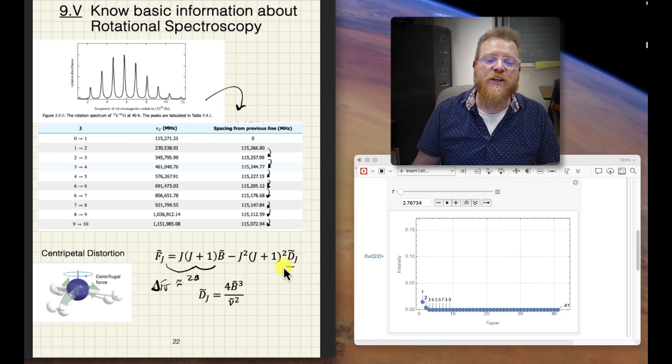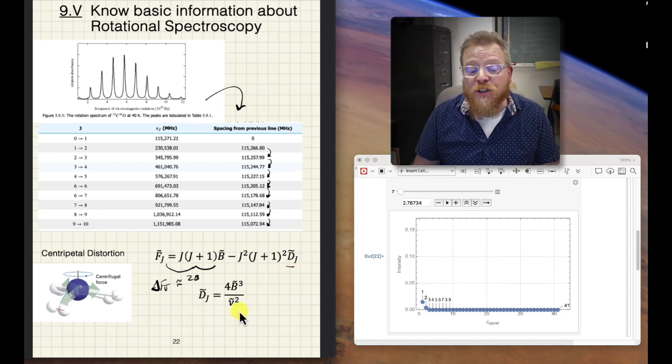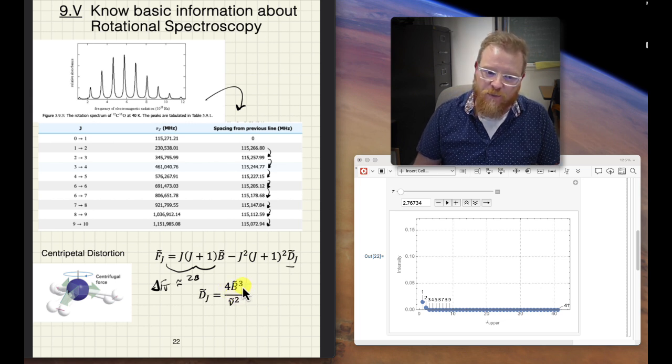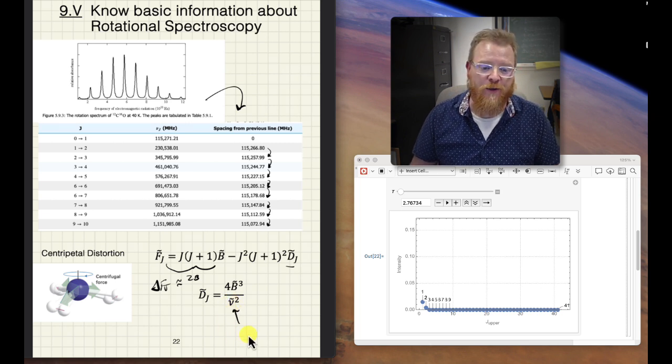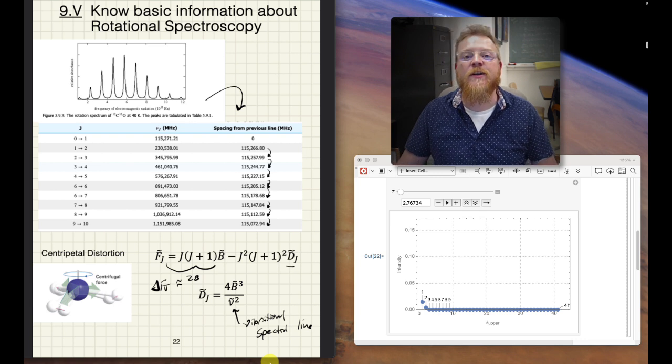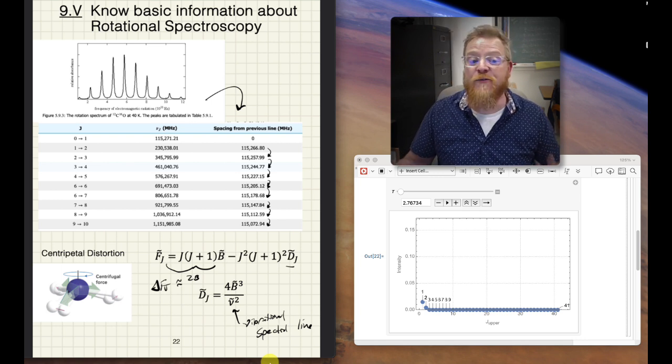And there's this coefficient we can come up with called the distortion coefficient. It's given as 4 times the rotational constant cubed times the vibrational energy of the molecule, that is the vibrational spectral line. Okay. So we can't decouple the rotations from the vibrations and vice versa.